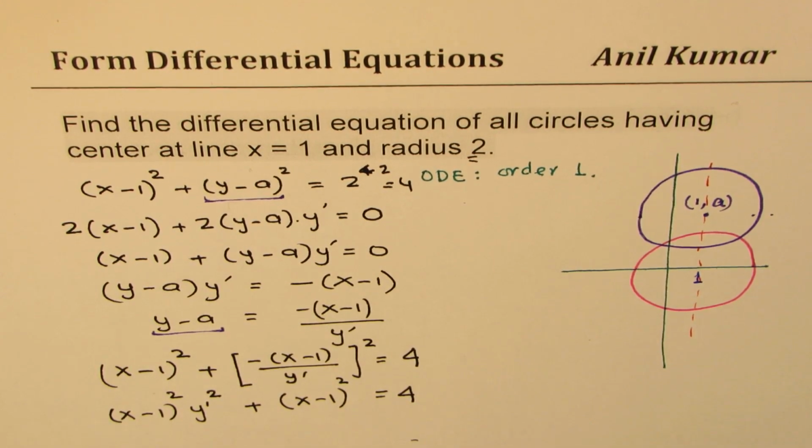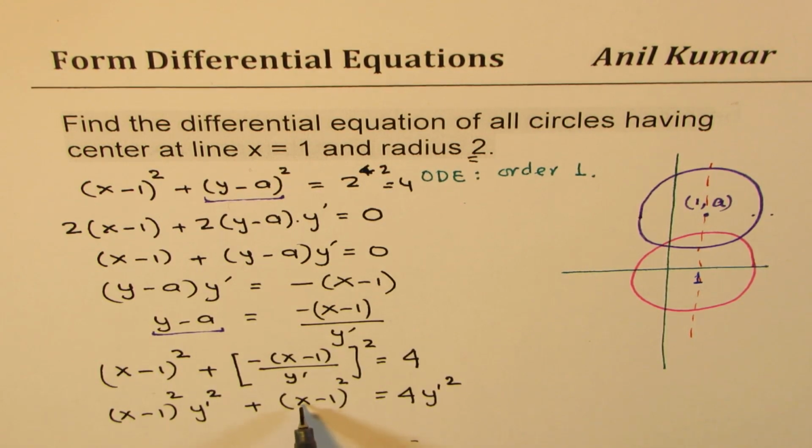And of course, we have to multiply everything by y prime squared, so it is 4y prime squared. So we actually took this out from the denominator, multiplying every term by (dy/dx) whole squared to get this. So that's the answer. You could always rearrange and simplify.